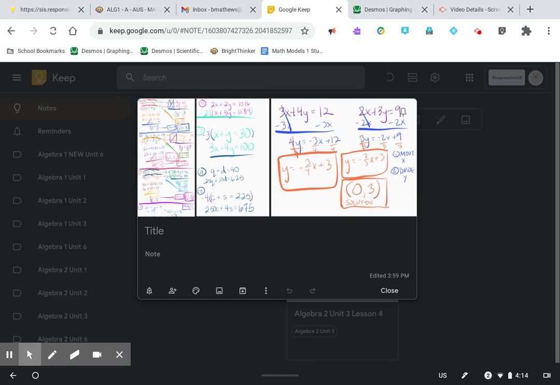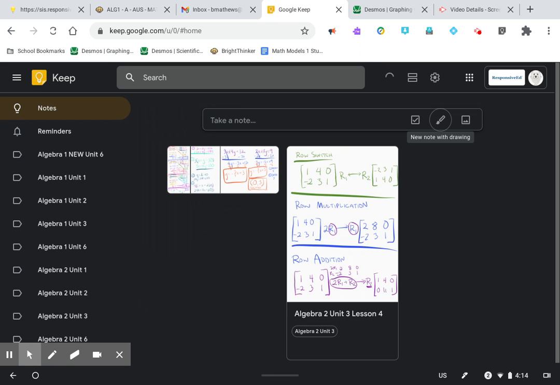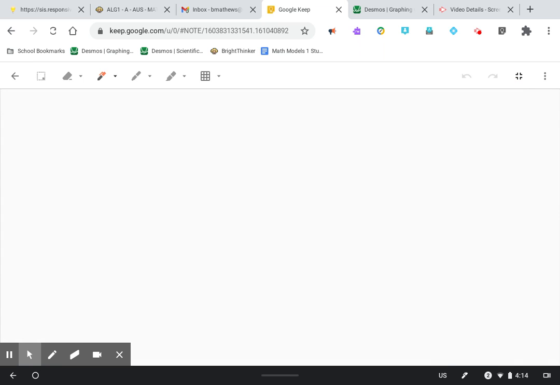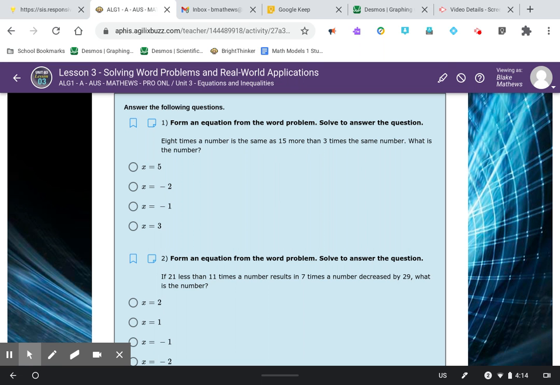All right. Add a new note. Okay. It says 8 times a number is the same as 15 more than 3 times the same number. So we have 8 times a number, we'll call that number x, is the same as 15 more than 3 times the same number.